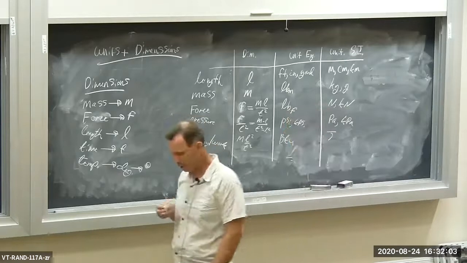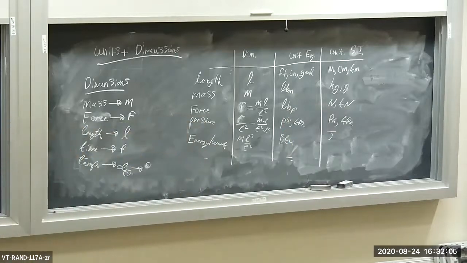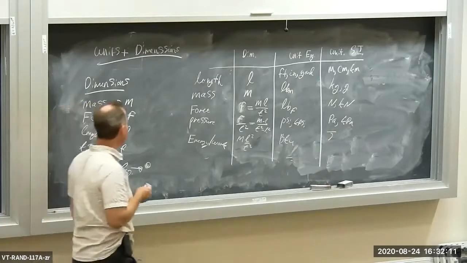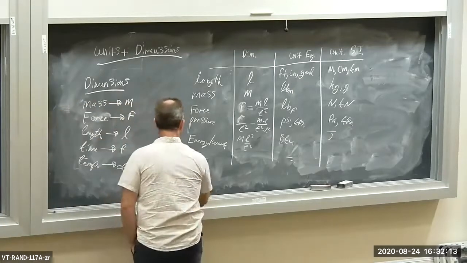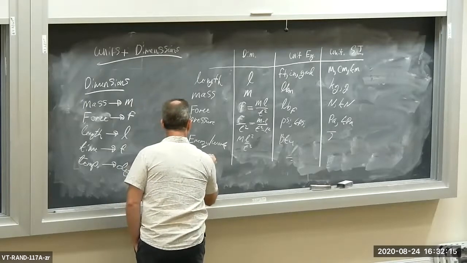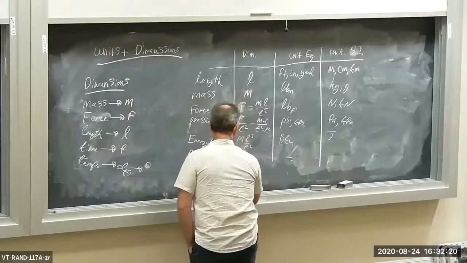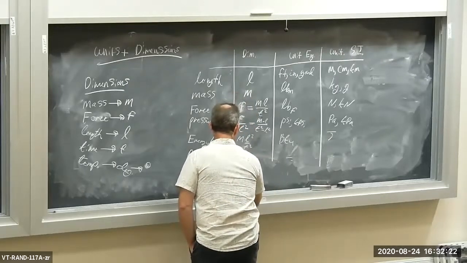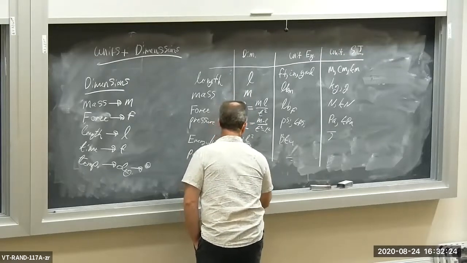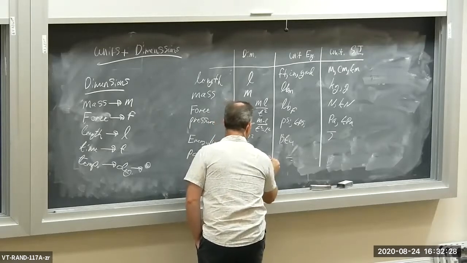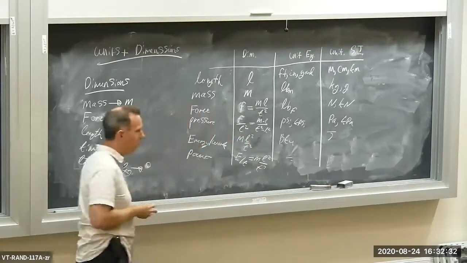What about power? Power is energy per unit time. So that would be a mass times the length squared over time to the third power.